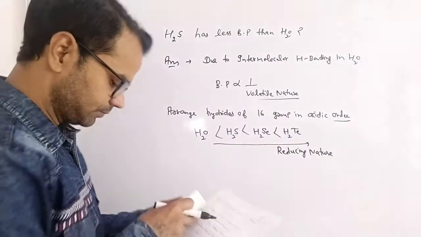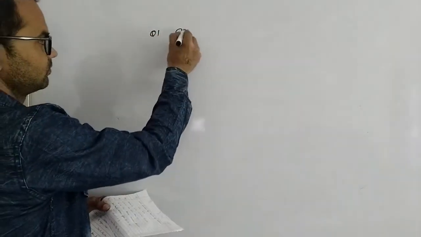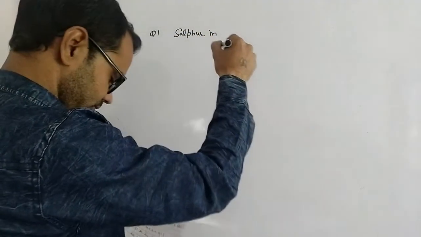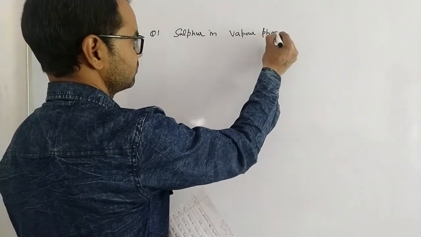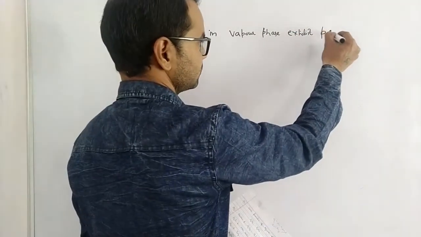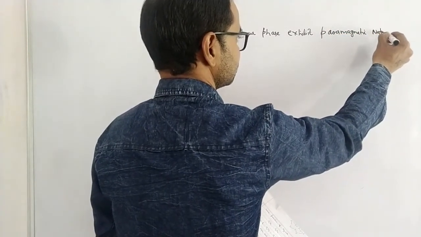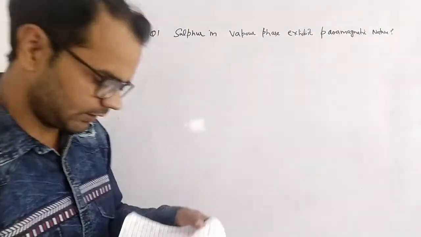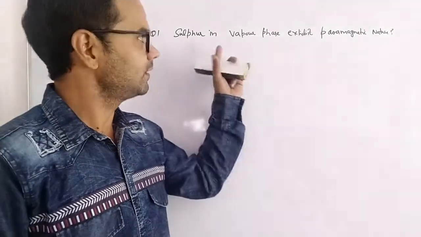Next question is: sulfur in vapor form exhibits paramagnetic nature. Why does sulfur show paramagnetic behavior in the vapor phase?